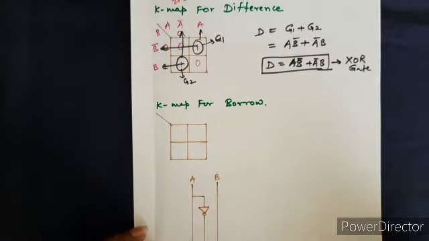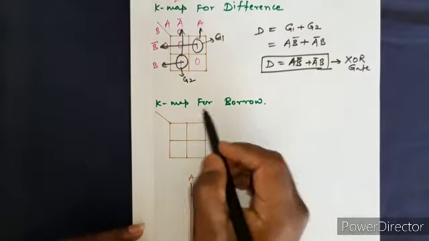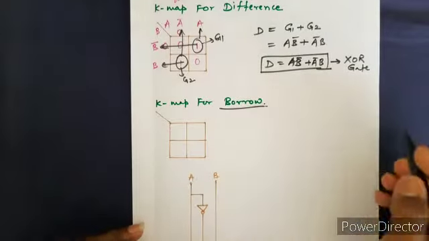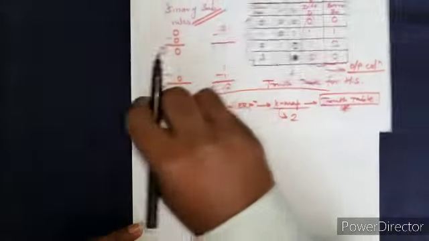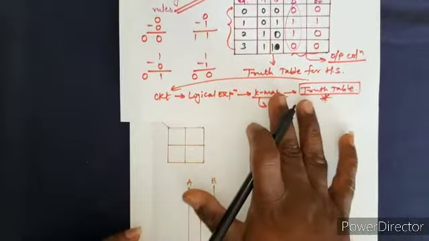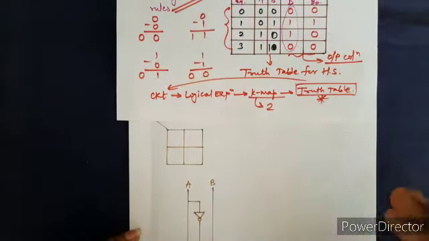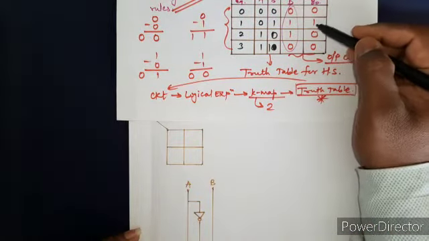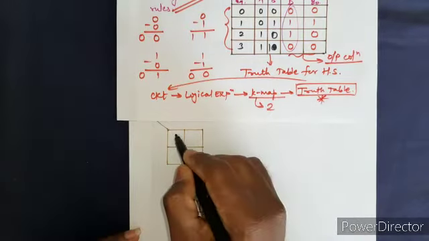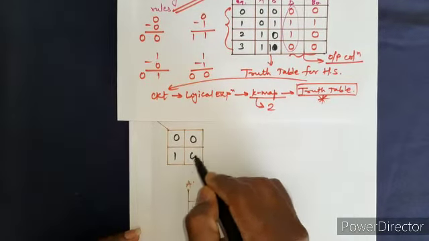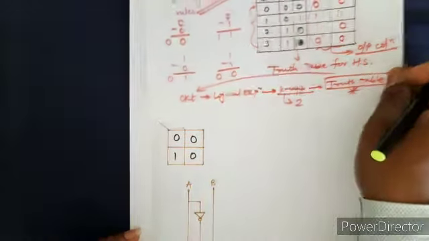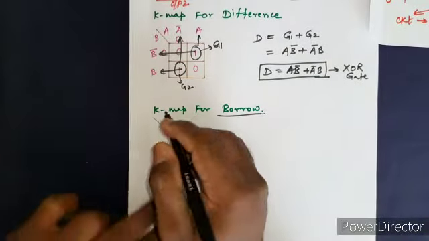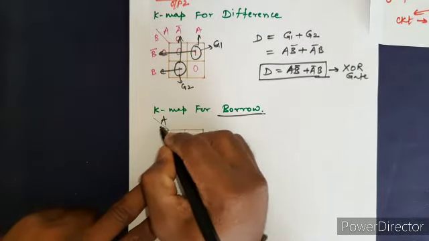Okay, now let's see for borrow. Let's find the expression for the borrow, and for that, if you refer to this output column of borrow, it is 0, 1, 0, 0. We can just label this K-map.